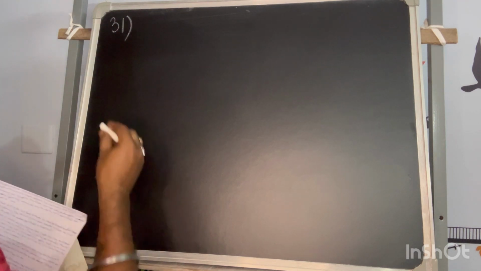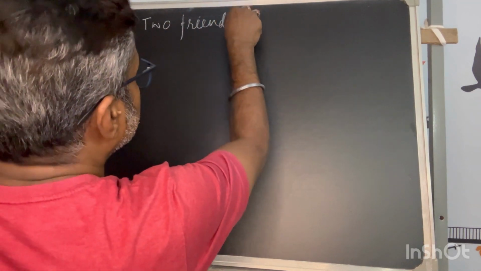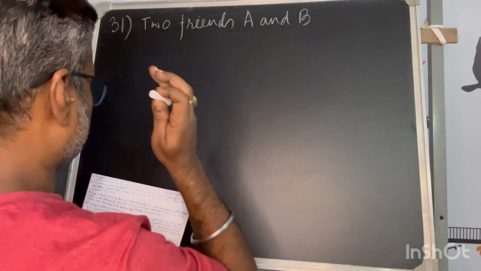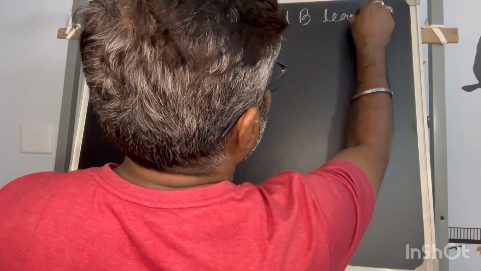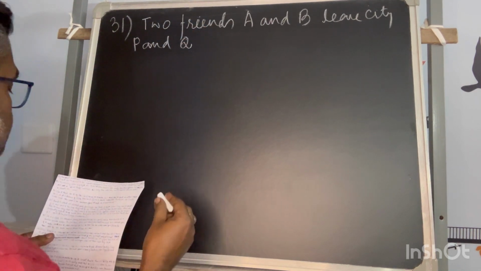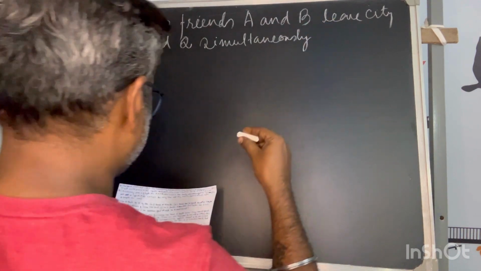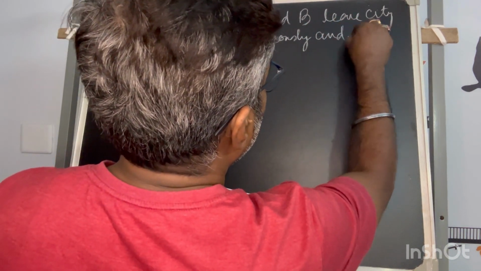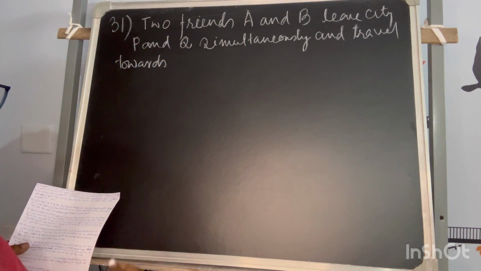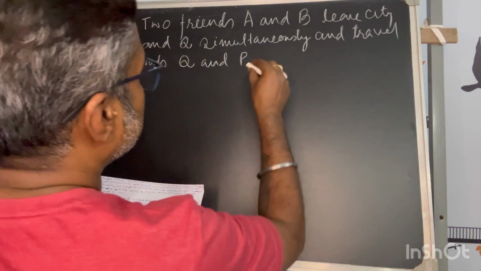So the problem 31: two friends A and B leave city P and Q simultaneously, and travel towards Q and P at constant speed.